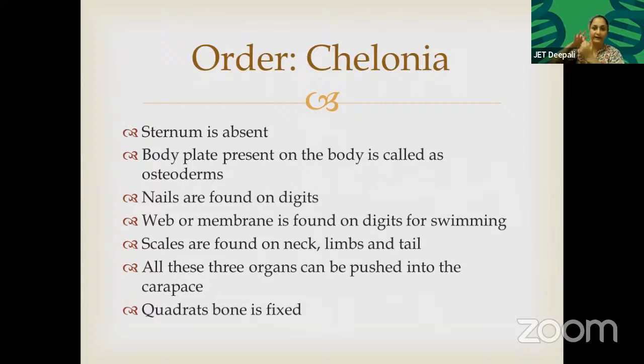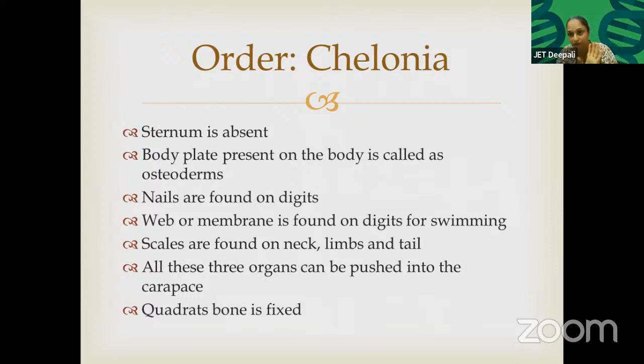So there is some kind of membrane between two digits that helps them in swimming. Scales are found on neck, limbs, and tail. All these three organs can be pulled into the carapace. What are these organs? Neck, limbs, and tail. They are pushed into the carapace, the dorsal exoskeleton of Chelonia.